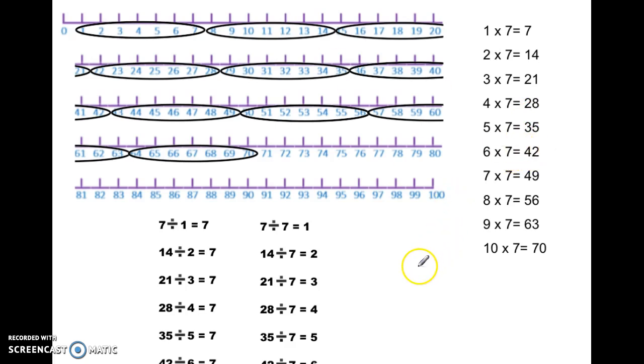Well, let's say that I know that 4 times 7 is 28. I know that one. Again, I'm trying to get to 6 times 7. So in order to get to 6 sets, I'm going to have to add 2 more on, right? So if I do 2 times 7, I know that equals 14.